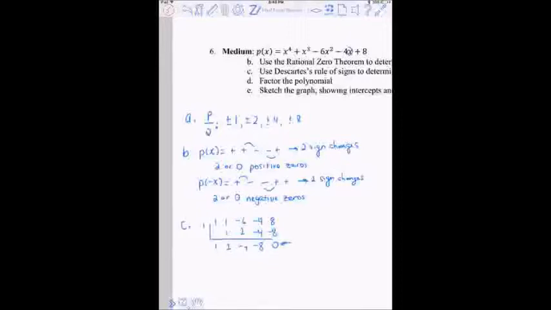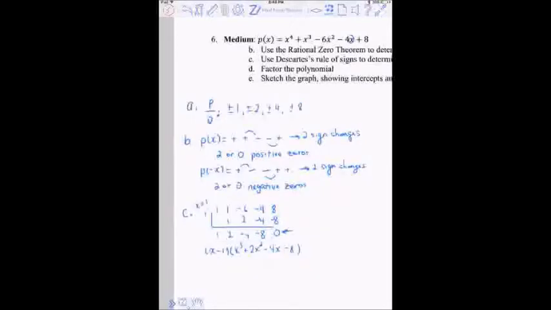So one of my zeros is x equals 1. So then its factor is x minus 1. And then these numbers here give us the coefficients of x to the third plus 2x squared minus 4x minus 8. So I still have to continue factoring that into 3 more factors.